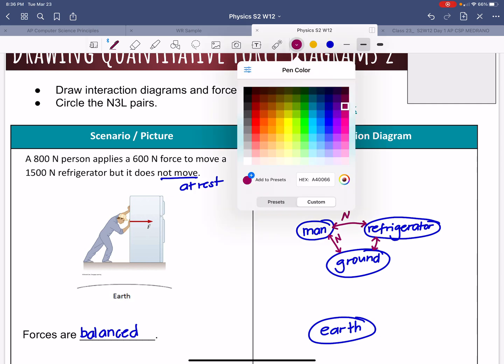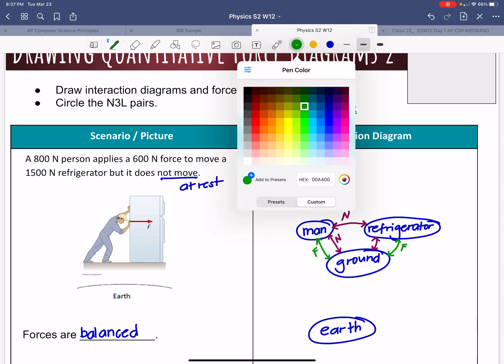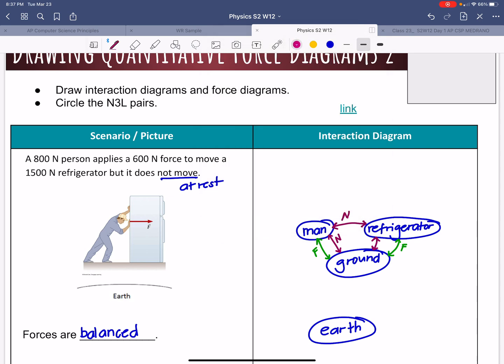But now what we also see here is that there is some sort of friction, right? So the refrigerator and the ground have some sort of friction, which allows the refrigerator to not move, and so does the man and the ground. So they also have friction. Let me go ahead and label this normal.